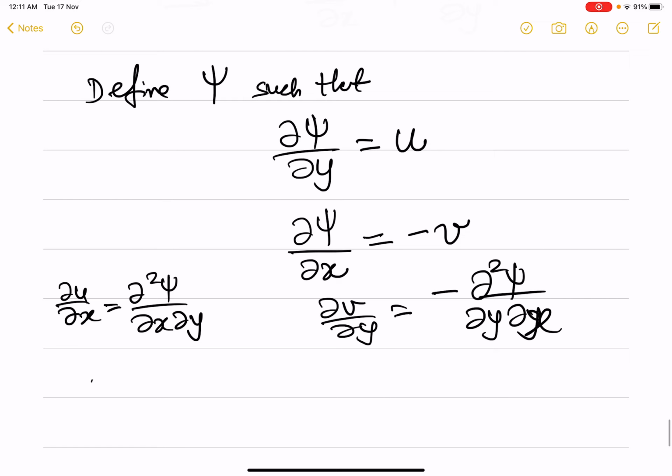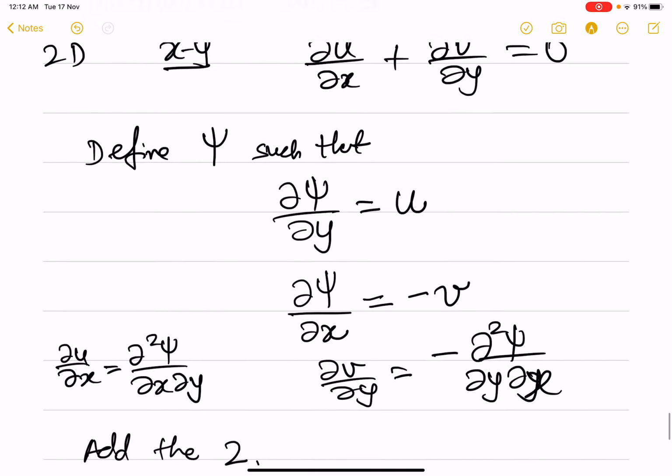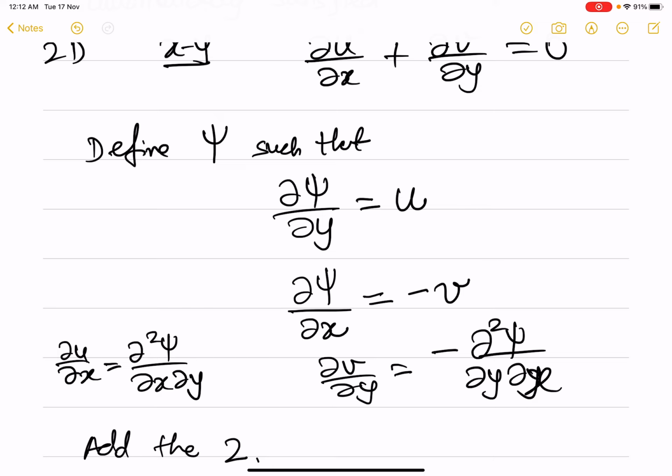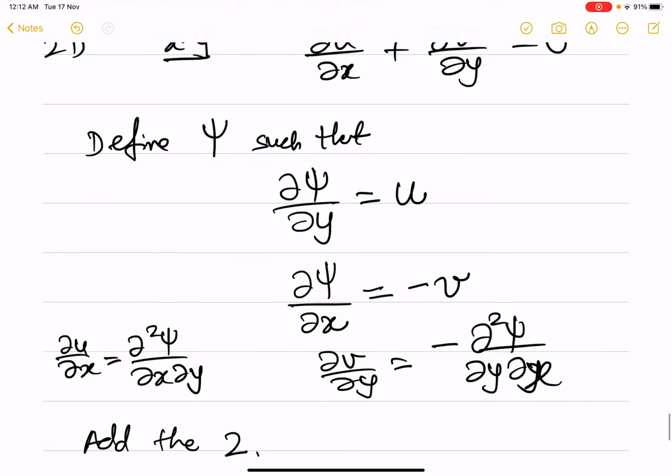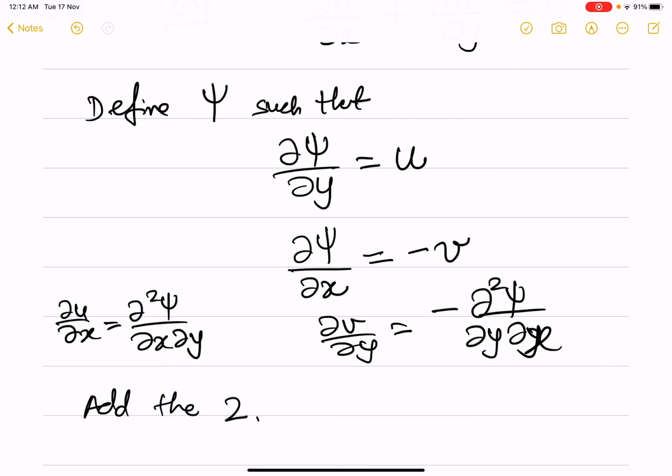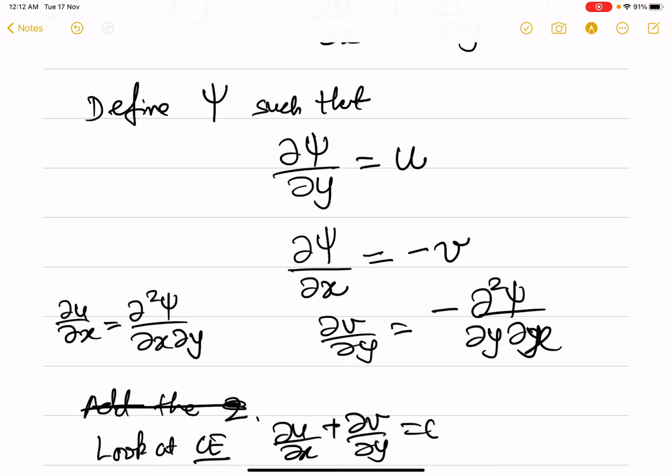So now when you add the two and look at the continuity equation, du by dx plus dv by dy is equal to 0.